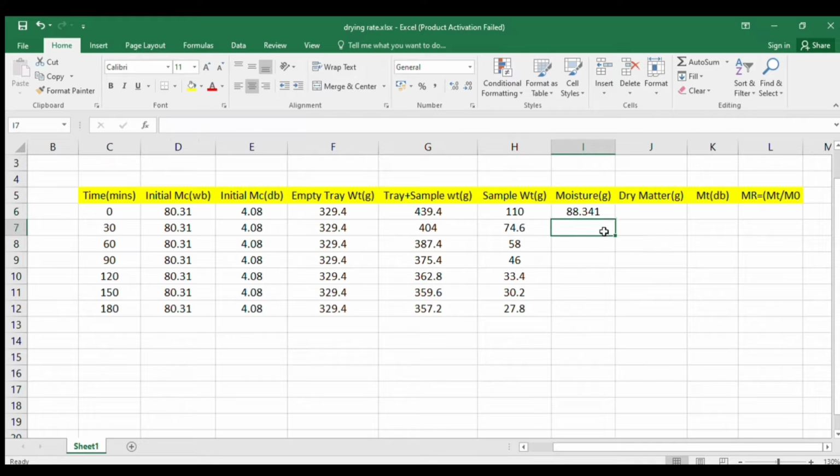But for the next cell in this column, we have to calculate in another way. Here this is the initial moisture and the moisture is decreasing. How much? If we subtract 110 and 74.6, this is the weight loss.